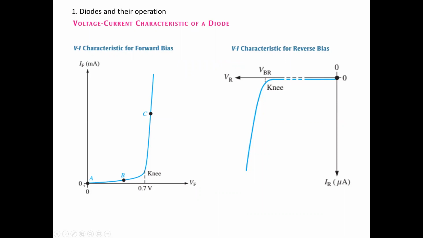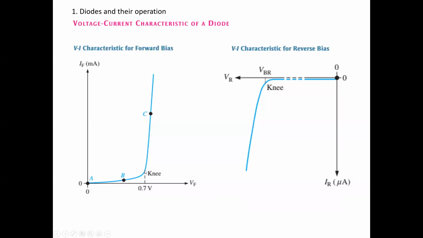If you look at the forward bias situation of a practical diode, you can see a curve like this. Now this voltage depends on the construction of the diode. For most silicon diodes, this voltage is 0.7. For germanium, it is like 0.3. Until we apply this forward bias voltage, it is not conducting.